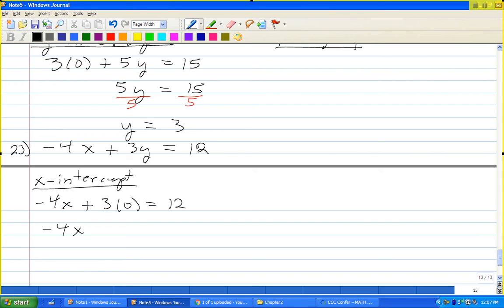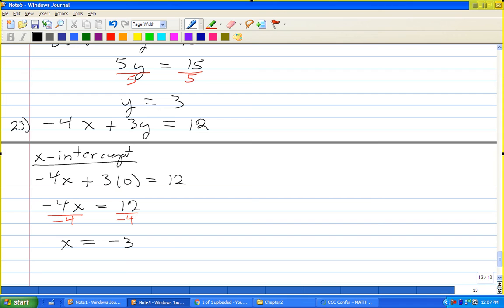Negative 4x plus 0 is negative 4x. Divide both sides of your equation by negative 4. So x equals negative 3. So the x-intercept is at the point negative 3, 0.